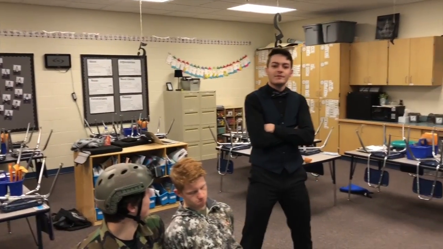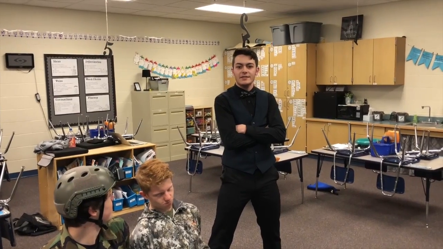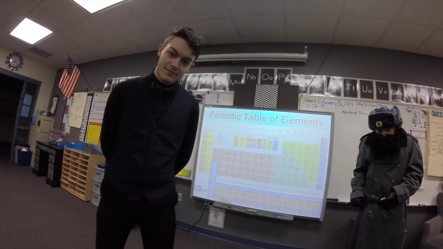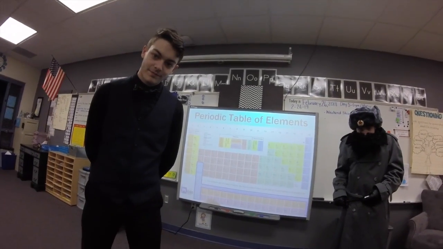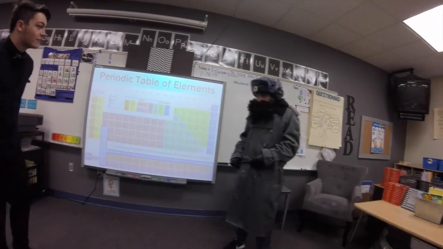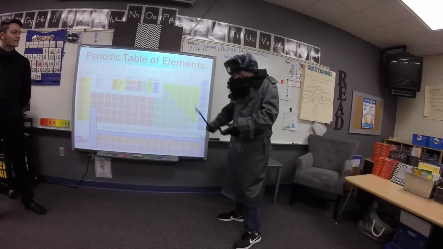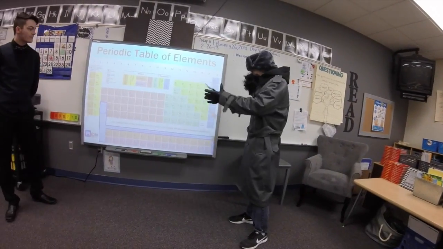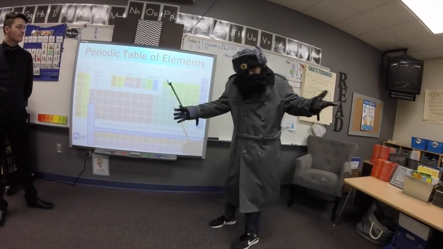So now, let's teach them about the trends. Noah, do you know any of the atomic trends? I think one of them is called ionization energy, but I'm not sure what it does. Very good. Mendeleev, I'll let you take it from here. Alright, so, to give you a few of the trends. One of them is electronegativity.